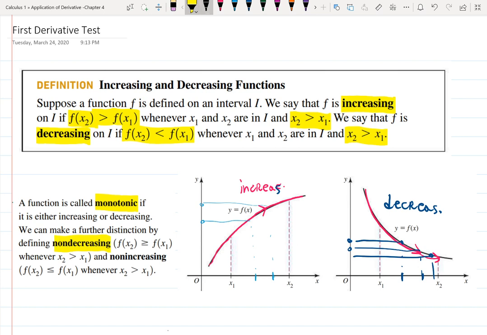If maybe it's going up, maybe stops a little bit and keeps going up, that's a little stop where the derivative is 0. So the tangent line is 0. Then it's not strictly monotonic anymore, so we say it's non-decreasing, and vice versa, non-increasing. That's why this greater or equal sign showed up.